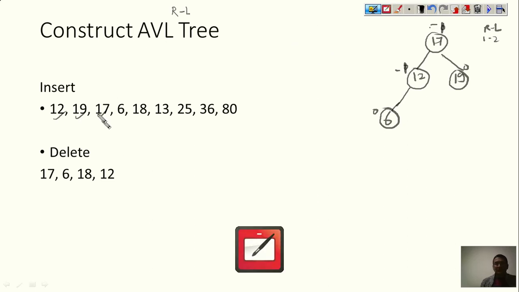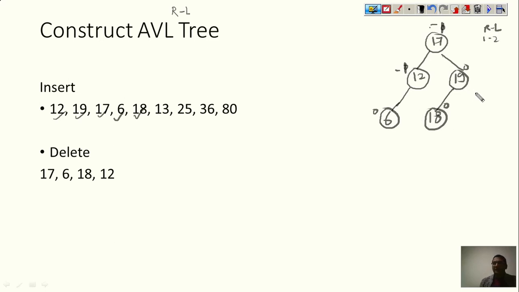Now we have inserted 6, and next is 18. We start from here, 17, then 19, then 18 will be here. The impact of this is 0. Now 0 minus 1 is minus 1, and here 2 minus 2 is 0. This will be 0 minus 1 is minus 1, so this is again balanced.